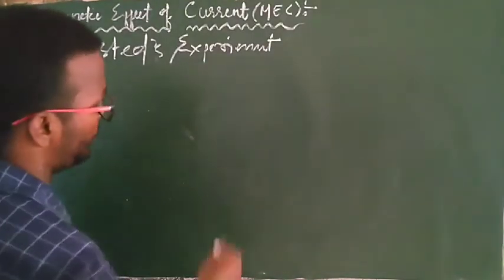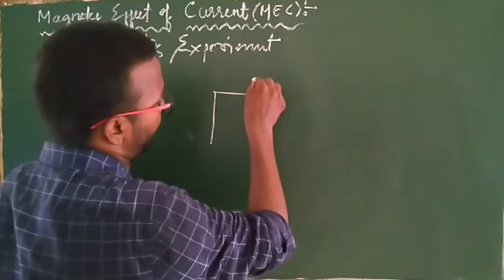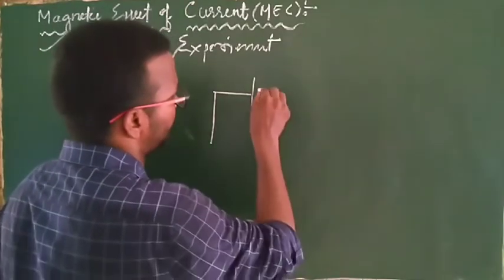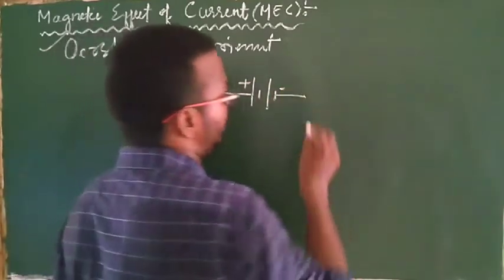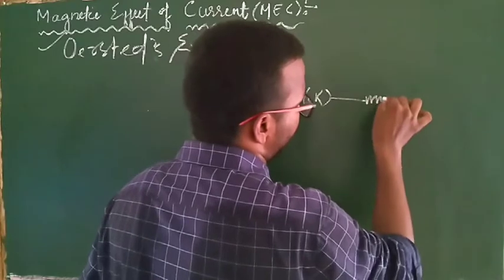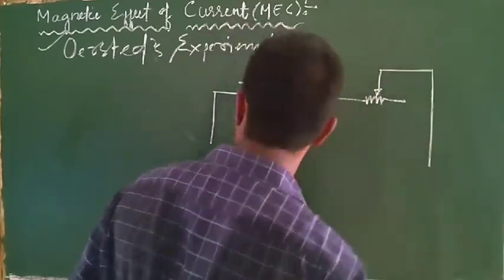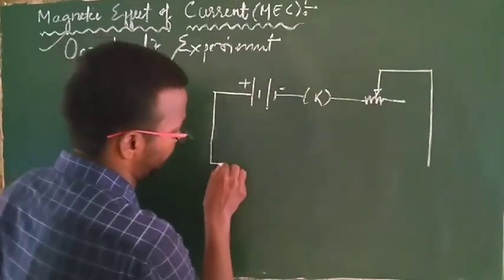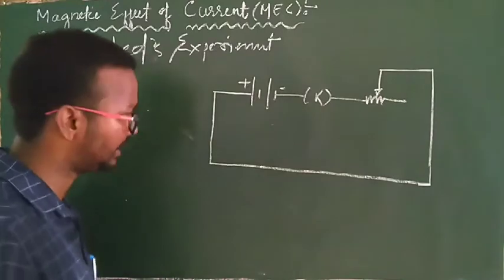Suppose we have a circuit connected through a battery. This is the positive terminal, negative terminal, and one key K, and there is another instrument, a rheostat. Clear?